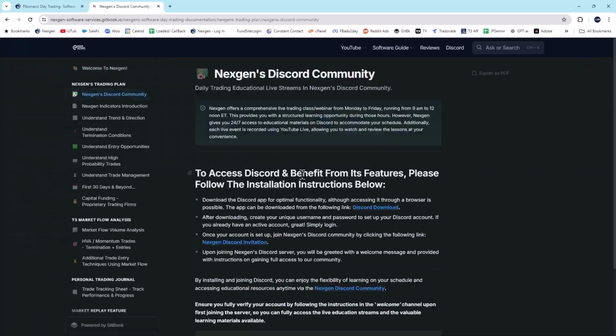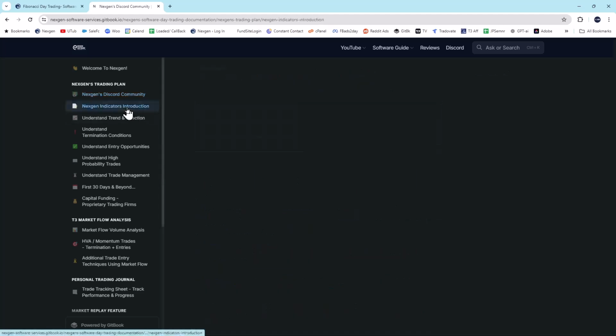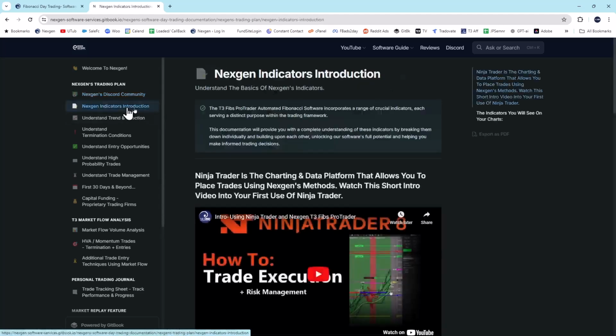Number one, how to join our Discord community, the app, and the link to get you in. The second section goes through an indicator introduction. Again, this is not different from the other user guide, but it's laid out a little cleaner.